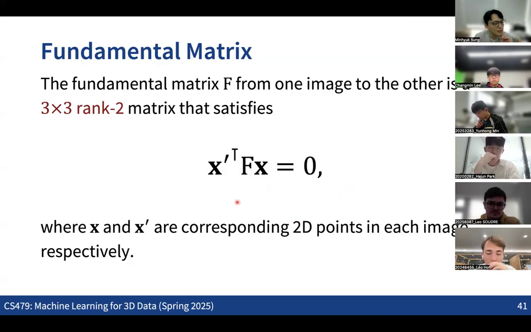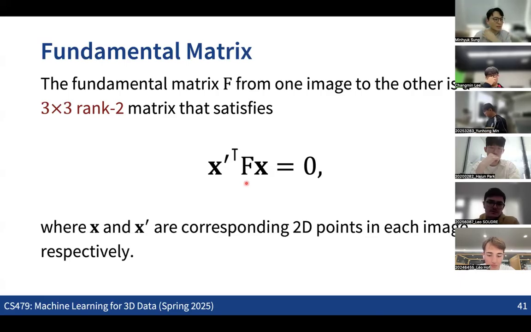Let's say x is the 2D point in the first image, and x prime is the point in the second image. Then the correspondence can be represented with the 3x3 matrix F. Okay, so this is the definition of the fundamental matrix.